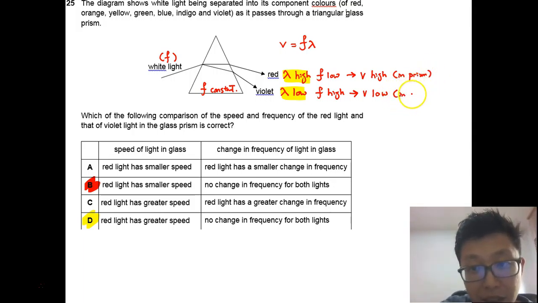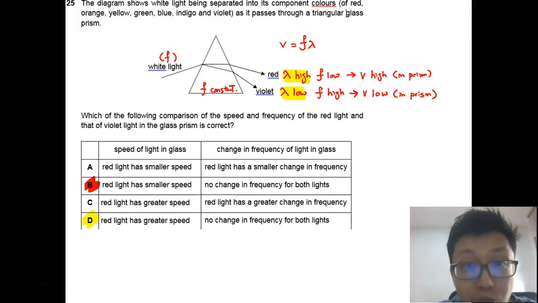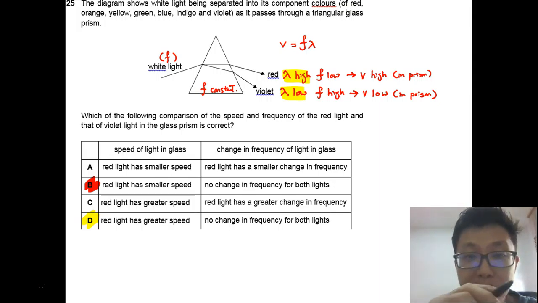Now some of you will argue with me, teacher, isn't it that all the waves in the EM spectrum have the same speed? You are correct, same speed in vacuum. This is when the light is inside the prism. When the light is inside the prism, they will be slowed down by a different amount.